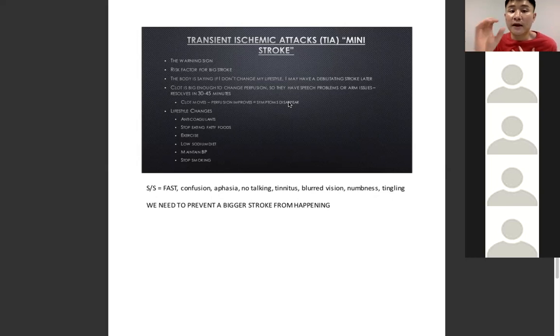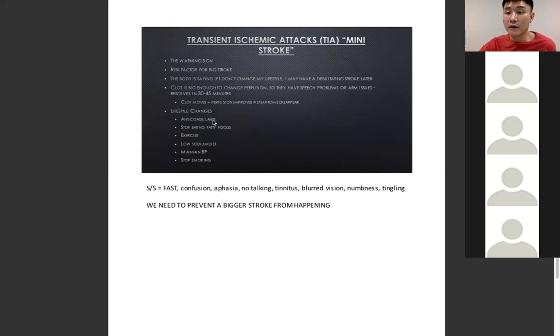So again, the clot is not too big to the point where it completely occludes the artery, but it is big enough to change the perfusion rate. So the clot moves, perfusion improves, and symptoms disappear.